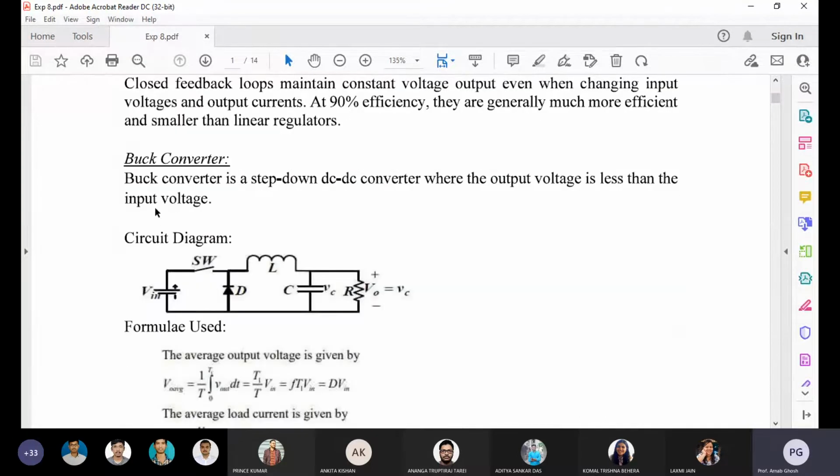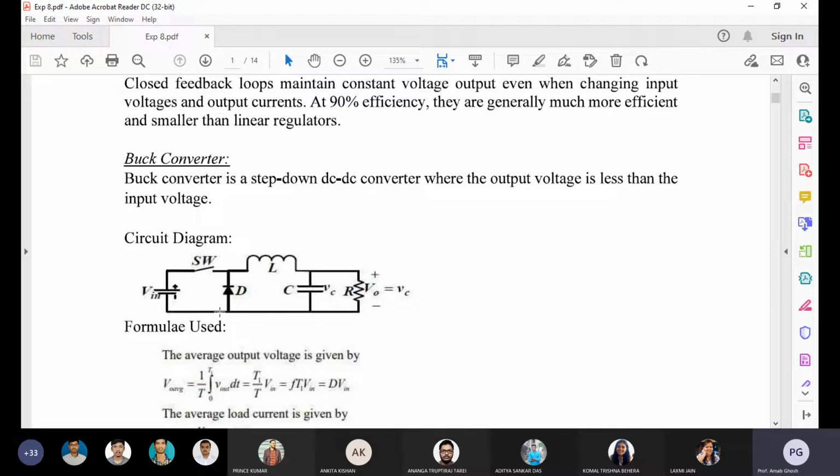Now you know the basic structure of the buck converter. Here you can see the diagram. One voltage source is there, then you connect one switch SW, then an inductor and capacitor. The inductor and capacitor work like a filter, and here you can see the load resistance and one diode connected between the switching terminal and the negative terminal of the voltage source.